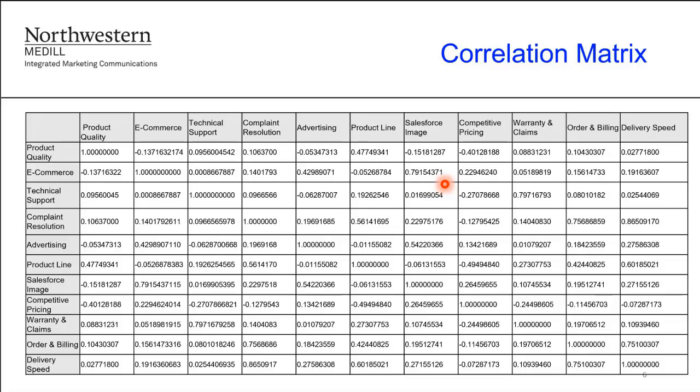Based on the high correlation between Salesforce image and e-commerce, we can expect that those two variables may belong to one underlying factor in the factor analysis result. We can quickly look at this kind of trend here.